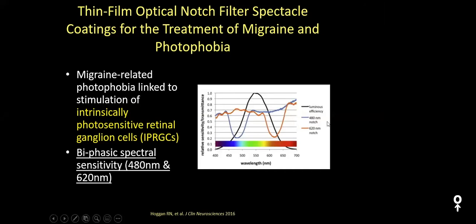Now, this is a filter that is ground in, or made up as part of the regular glasses prescription. It's meant to be worn both indoors and outdoors, but its prime function is probably more indoors as it relates to eliminating some of this extraneous light that we encounter on a daily basis that may mitigate the light sensitivity and may also play a role with the headache that many individuals with concussion suffer. Next slide.